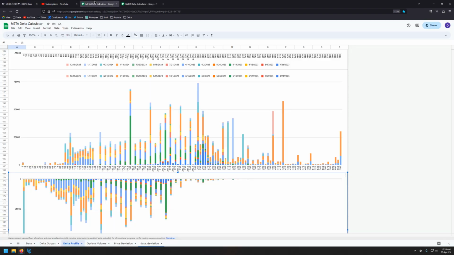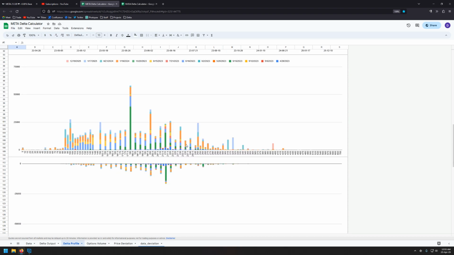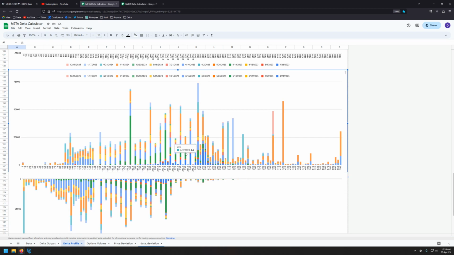I didn't expect to see this one here. There's a lot of call volume for next week. Not call volume, sorry, it's call OI, and it has some delta, not a lot, but some. There's a lot of people who are bullish for next week.